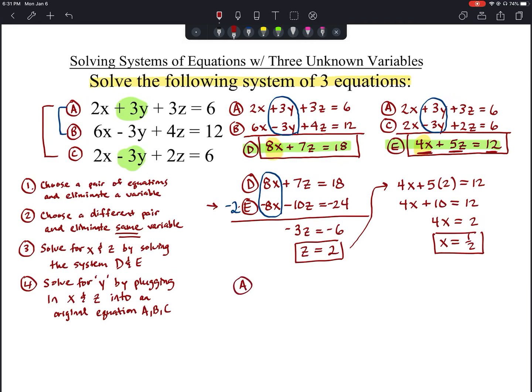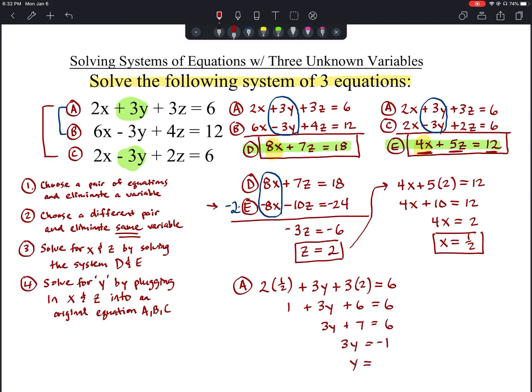So in equation A, I'm going to do 2 times 1/2 plus 3 times y plus 3 times 2 should equal 6. So we have 1 plus 3y plus 6 is 6. So we get 3y is equal to -1.